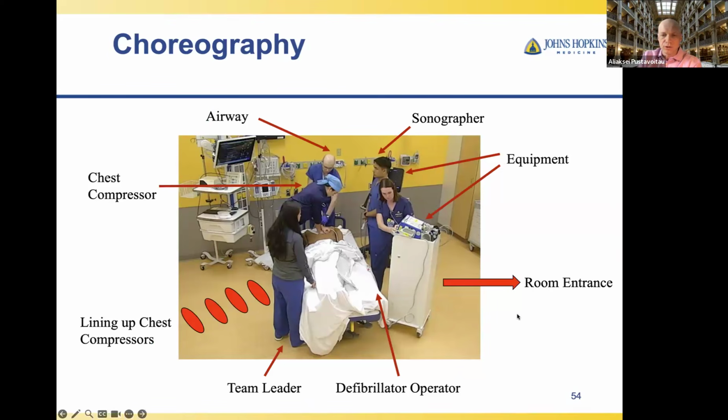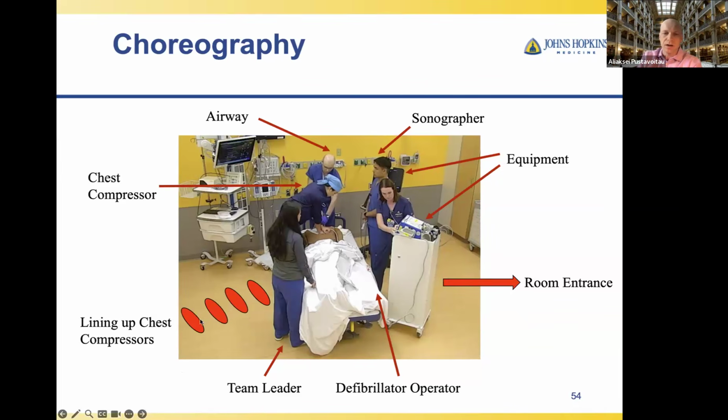So usually what we do, right, we see the room entrance is on the right side of the screen. It's a pathway to bring equipment in and to move equipment out. Because that's a traffic area, we position people who do chest compressions on the opposite side, right?